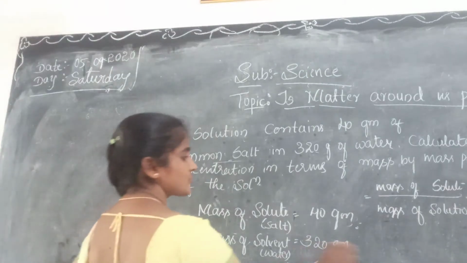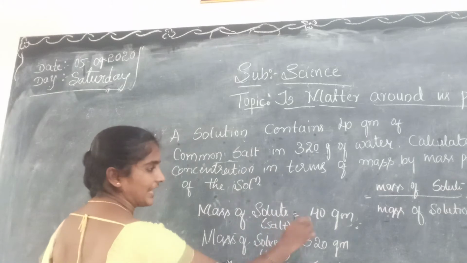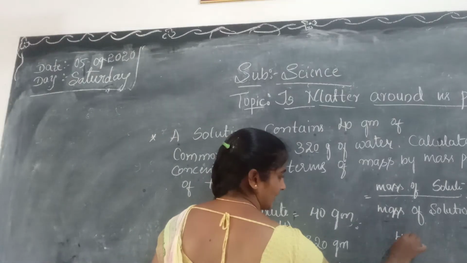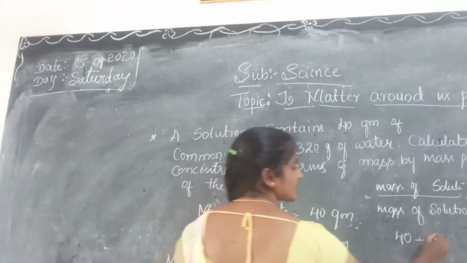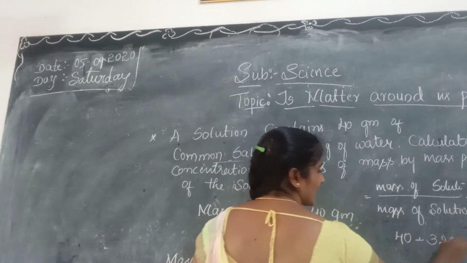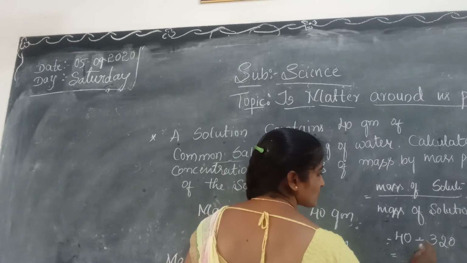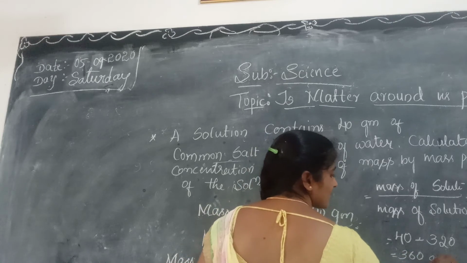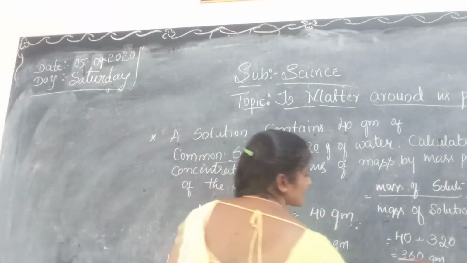The mass of solute is 400 plus the mass of solvent is 320 gram. Finally, the mass of solution is 720 gram.